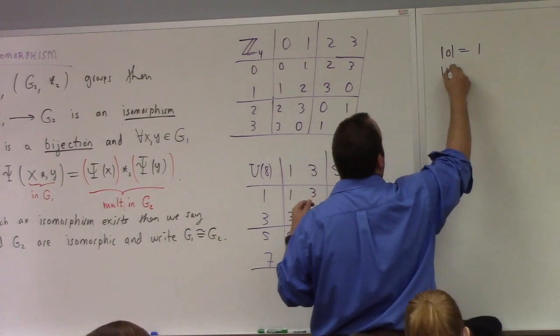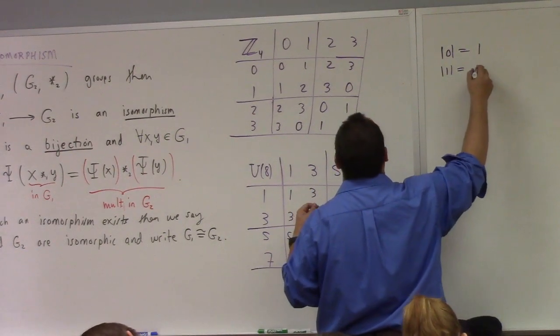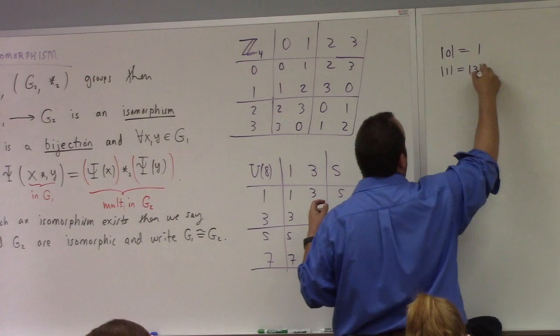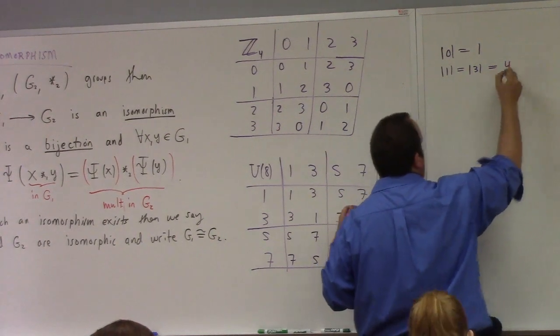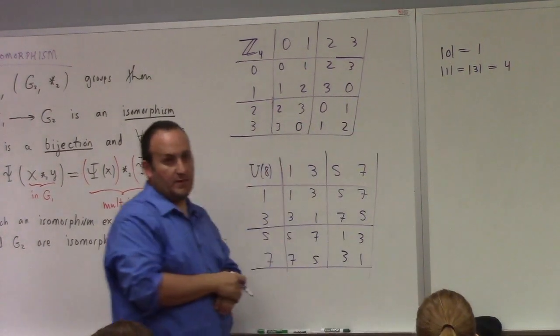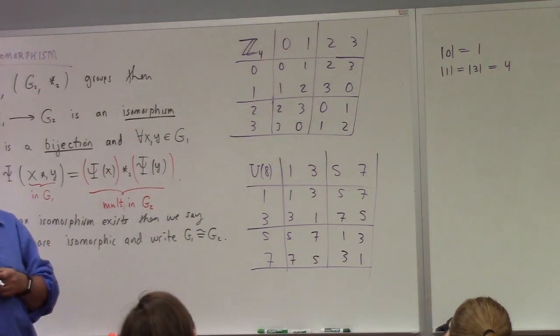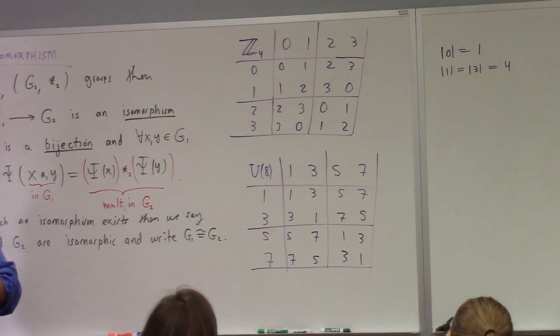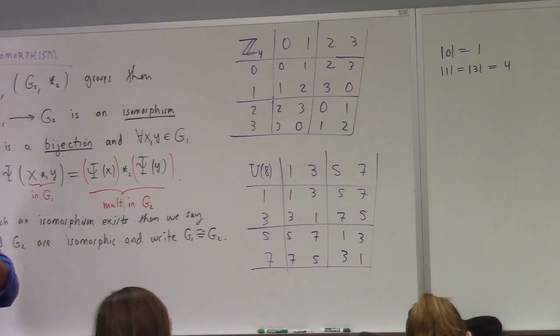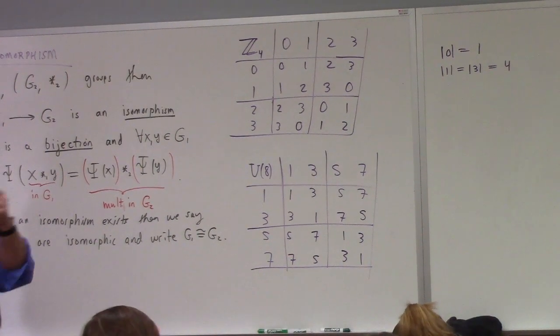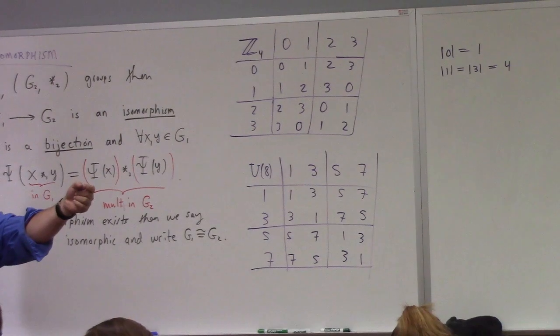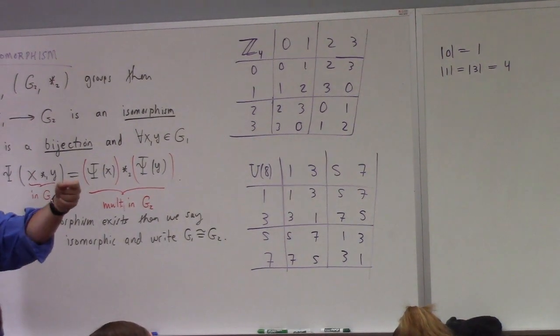What's the order of 1? The order of 1 is also equal to the order of 3, and those both have order 4, because you have to do 1 plus 1 plus 1 plus 1 in order to get back to 0. Right? 3, 3 plus 3 is 6, plus 3 is 9, plus 3 is 12. Only after you add it to itself 4 times do you get back to 0.